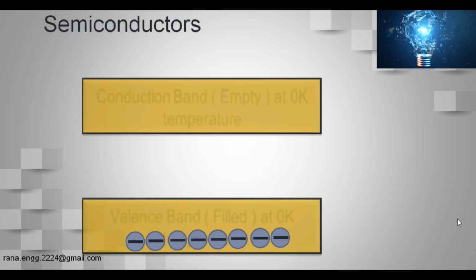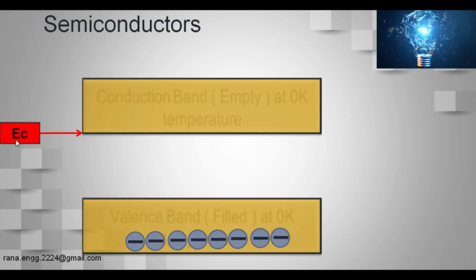Then, if you talk about semiconductors, what makes semiconductors smart is their ability to work as conductor and insulator as per our requirement. So, I have two bands, one is the valence band and another one is the conduction band. At normal temperature, we have electrons in the valence band. If I want to make them conduct, I have to send these electrons to the conduction band.